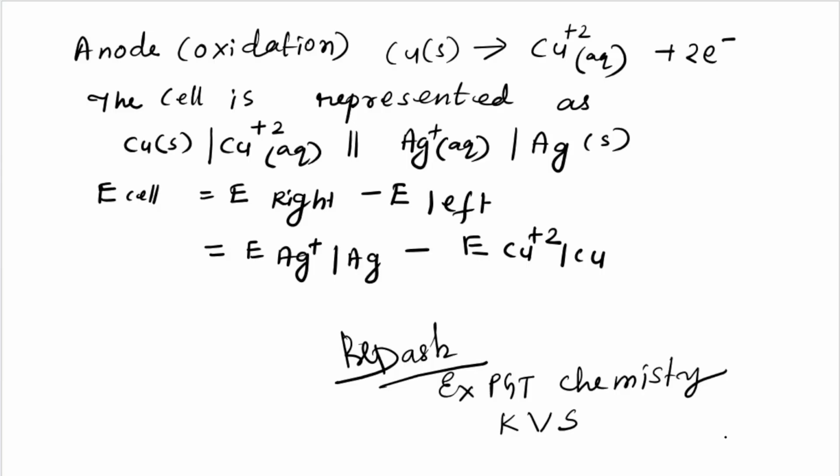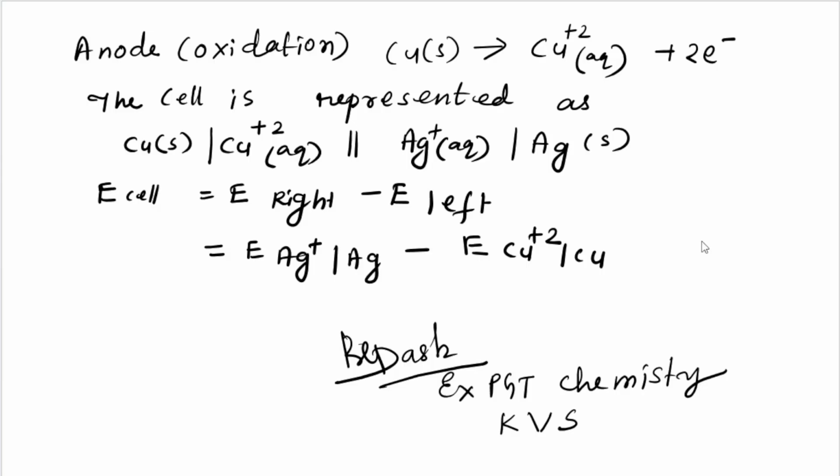So E cell equals E right minus E left, E cathode minus E anode. Here silver is the cathode, and copper is the anode.